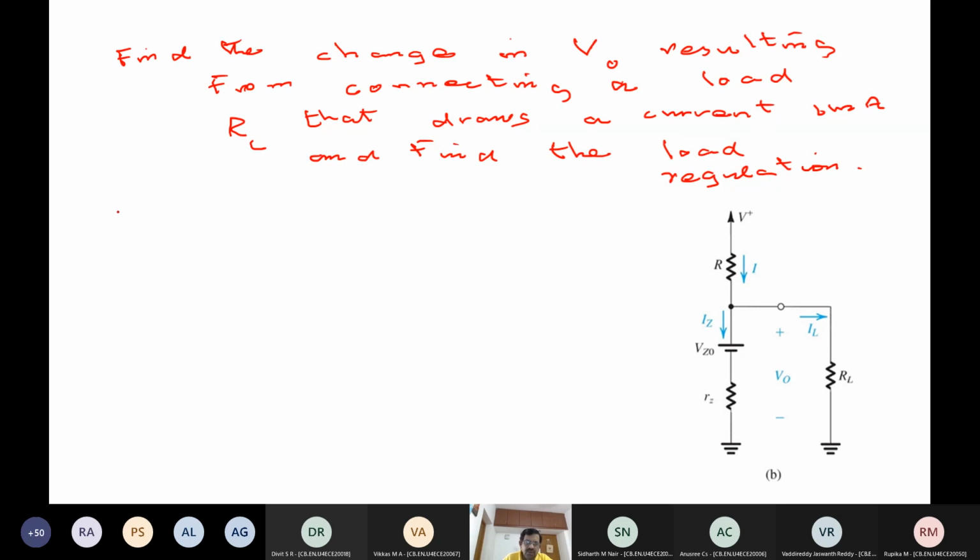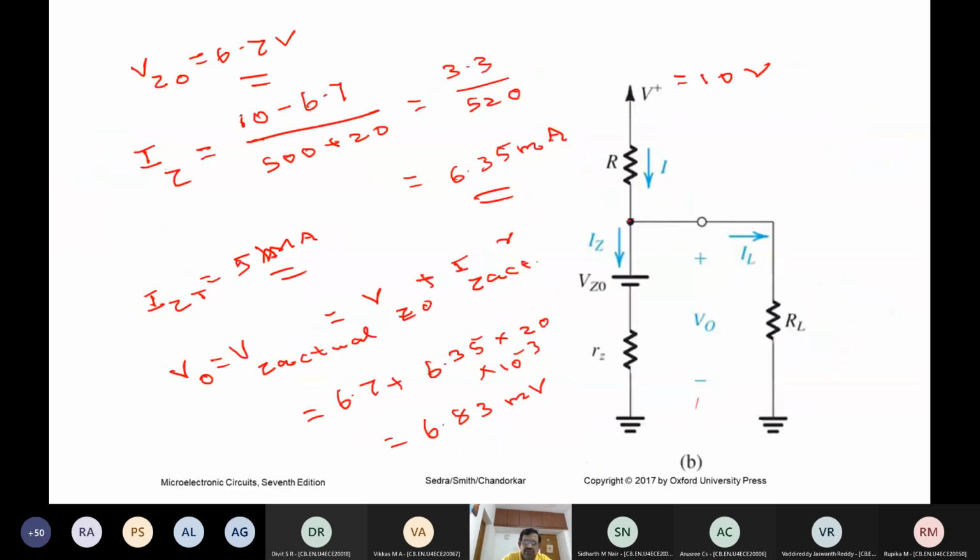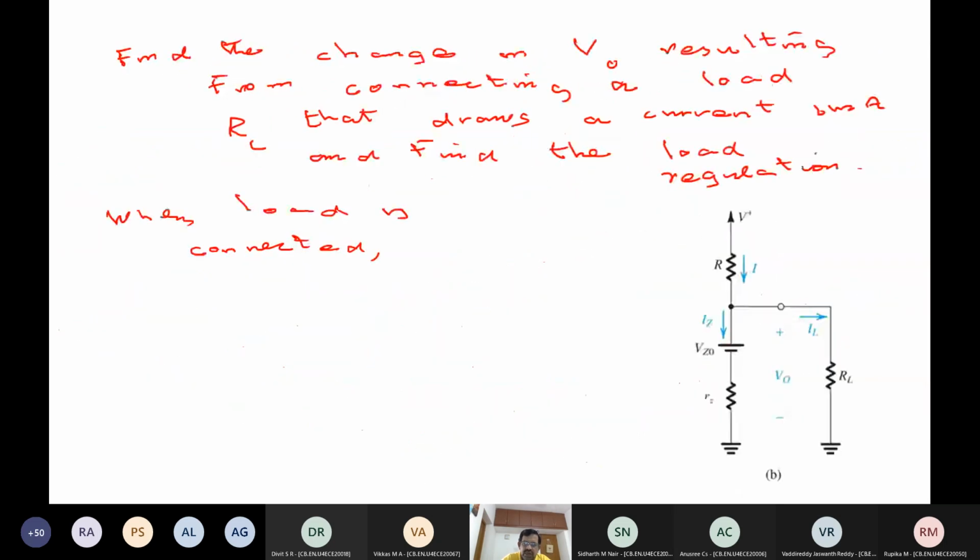So when the load is connected, the current that we saw here, what was the current we saw here? 6.35 milliampere. That is not going to flow through. It is going to decrease.